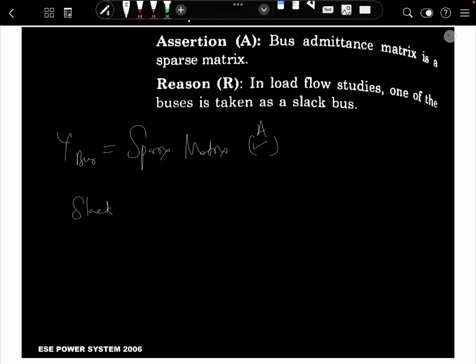Slack is considered as one of the buses. Now the reason is also correct, but these two do not follow each other. That's why option B is correct: assertion is correct, reason is correct, but they do not follow each other, they are not even connected with each other.